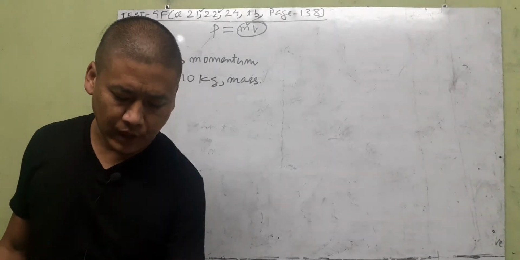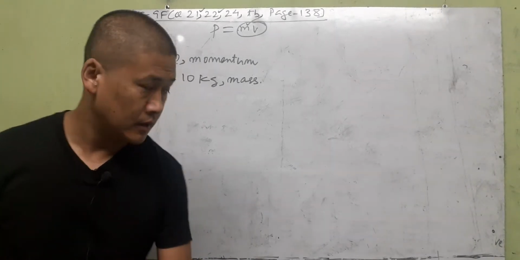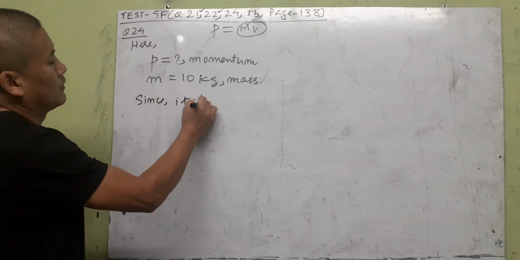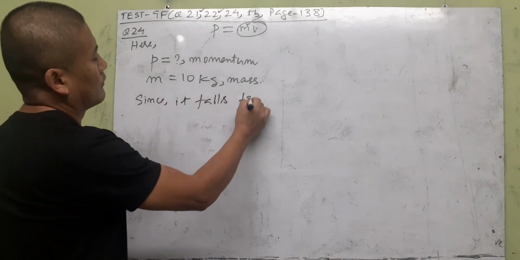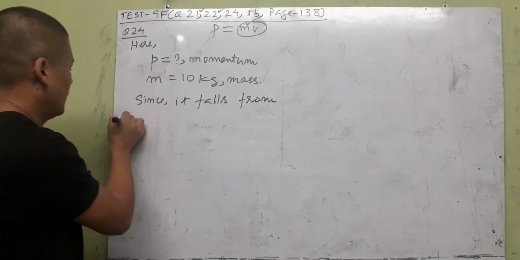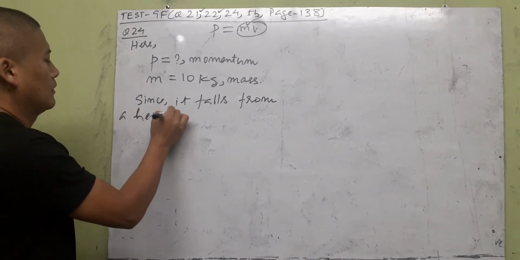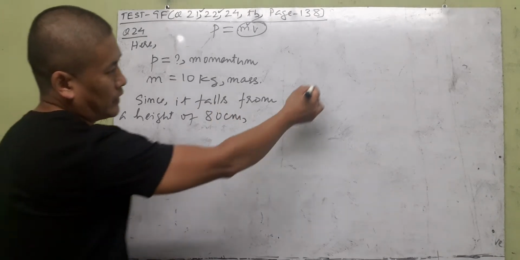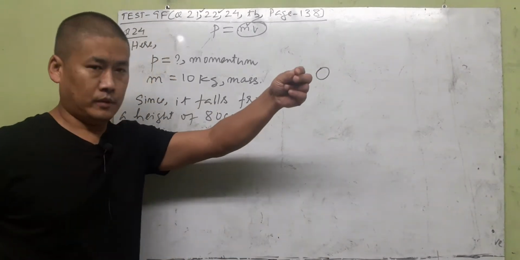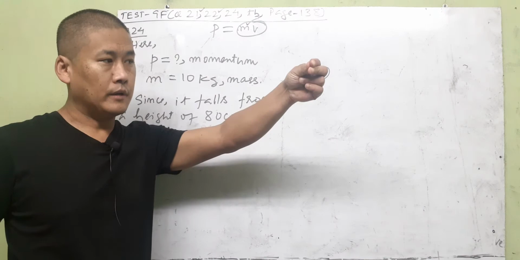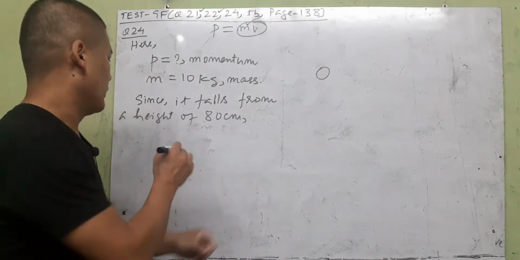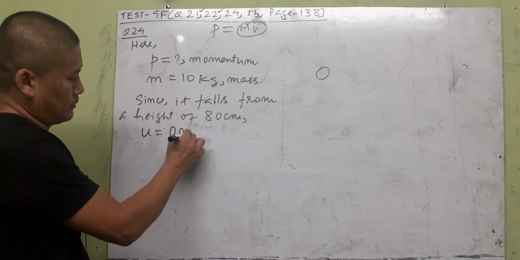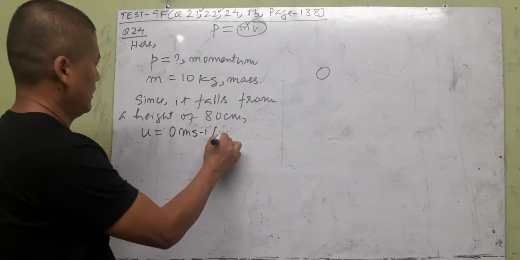If it falls from a height of 80 centimeter, so we can just write here, since it falls from a height of 80 centimeter, for any object that is dropped from the top. Before the drop it was stationary, at rest, so initial velocity will be 0 meter per second.